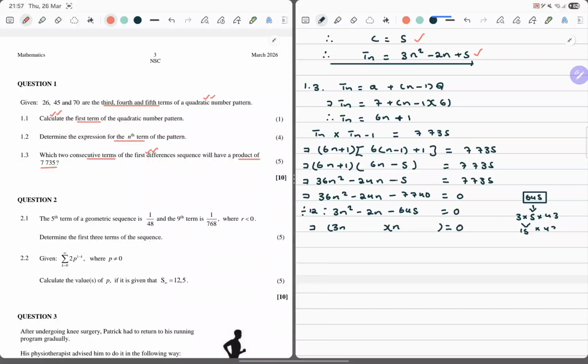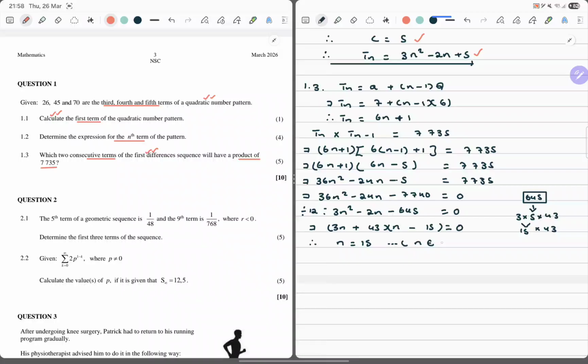This is 15 times 43. Now if I say 15 by 3, I get 45. 45 minus 43 gives me 2. So this is good. This must be 15, this must be 43. The bigger product takes the middle term sign. And that's it. So from here we know that n should be equal to 15.